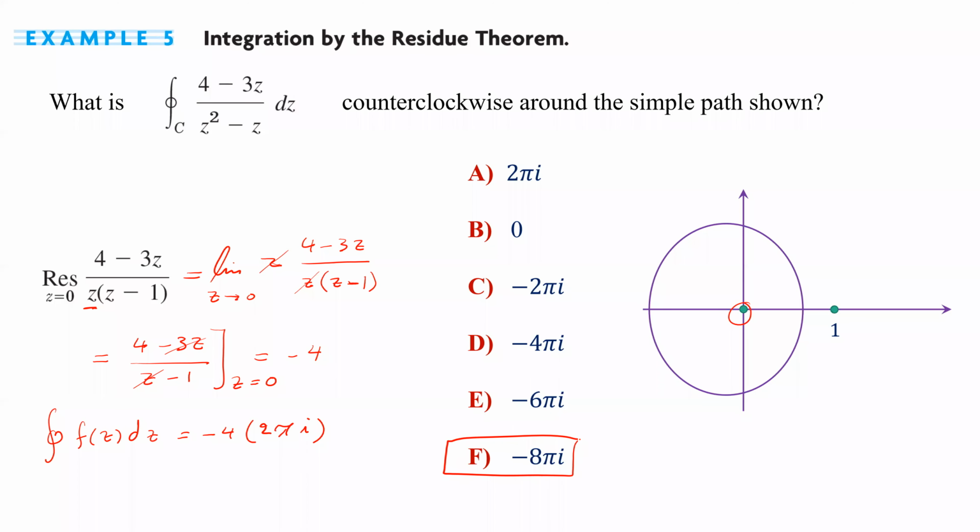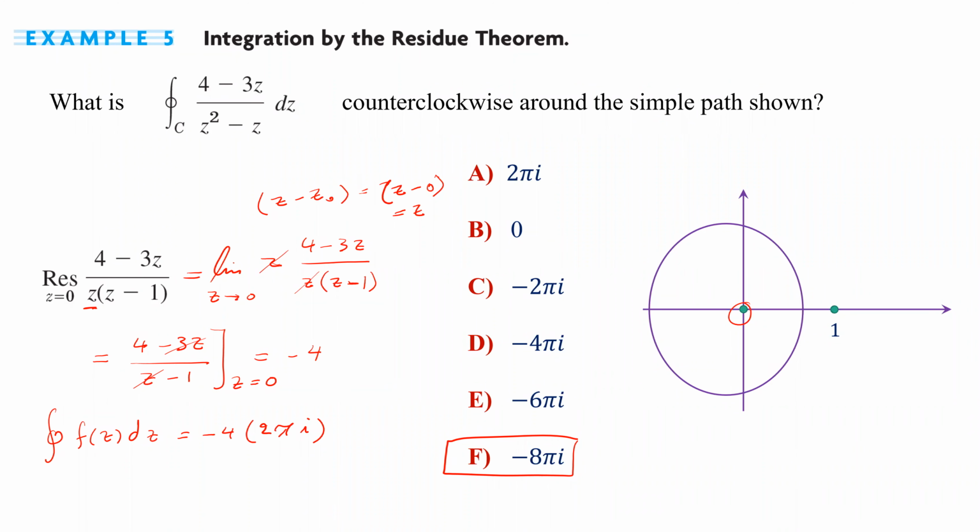Professor, why in the previous one was it multiplied by z minus 1, and this is just multiplied by z? Because z minus z naught, where z naught is 0, is z minus 0, which is z.